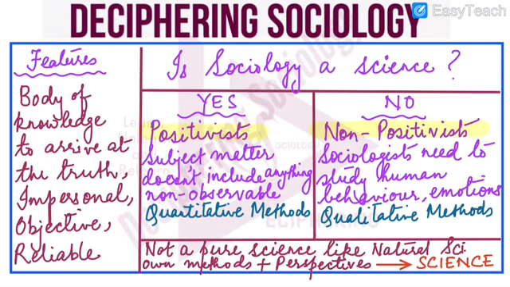When we say science, science is basically a body of knowledge. Why? Because we want to know the truth. It is impersonal, that means it does not contain any value of the researcher. It is objective because here we are observing only what we are seeing. Okay?